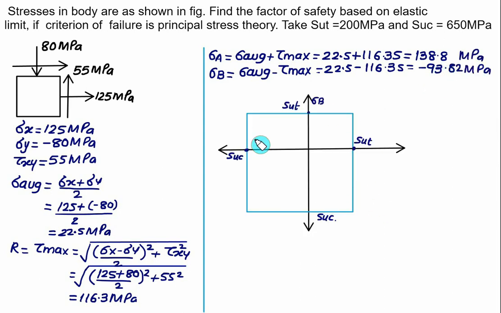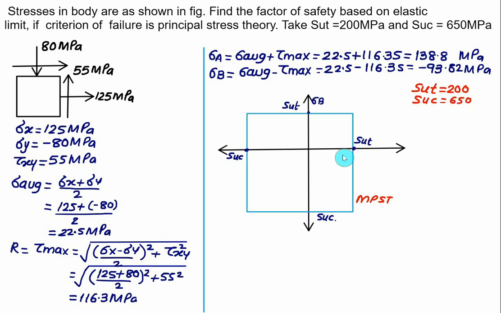This is the standard stress envelope in the case of maximum principal stress theory. We have to look at two points. One is sigma A, a positive value of 138.8, and we have been given SUT equal to 200 megapascal and SUC equal to 650.